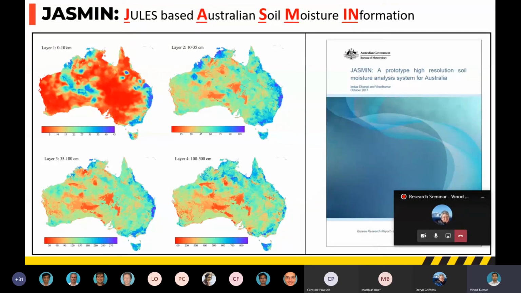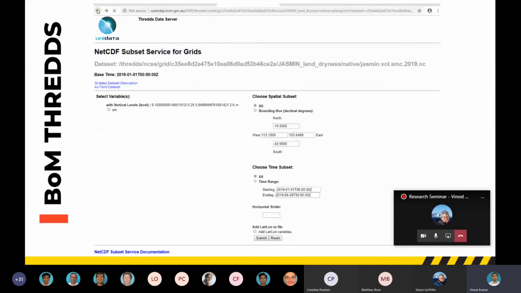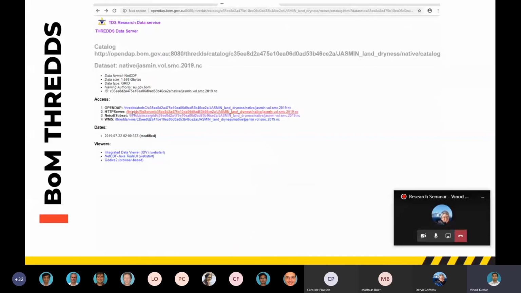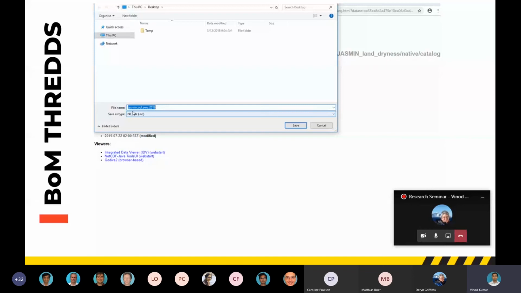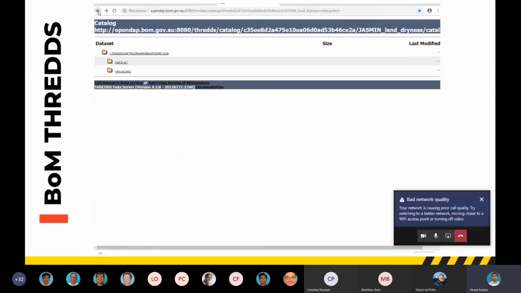It's funny. Okay, while we are here, I just want to advertise that Jasmine data sets are available through our THREDDS server. Like I mentioned, this is a research product, but we have provided it through our THREDDS server for those people who are interested, and there are a few people in our end user community who use these data sets for their research work.